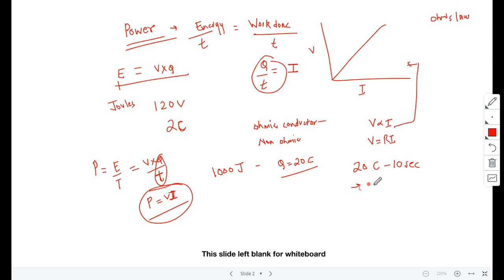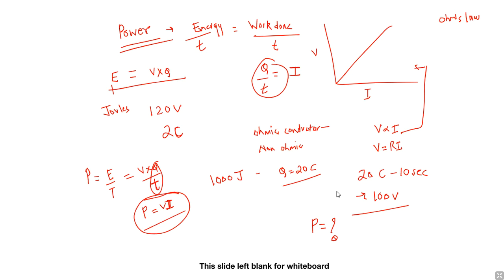If the potential difference is 100 volts, calculate the power in the given circuit. So power is 200. Yes, that's correct.